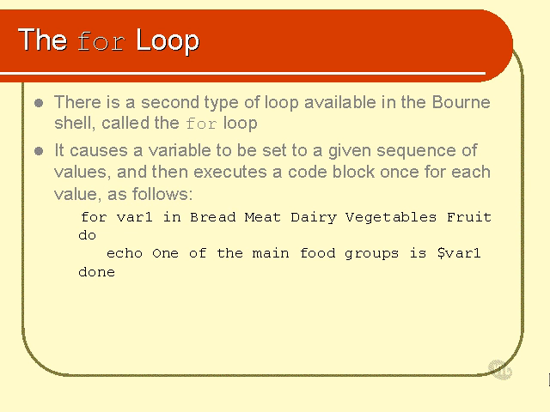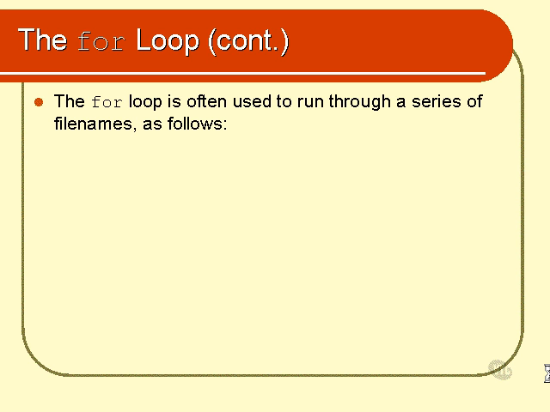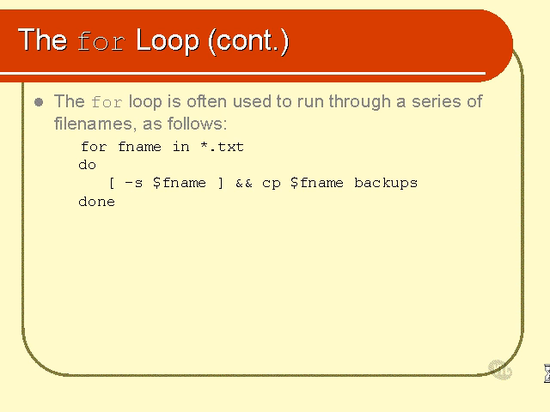I'll show you one very common use of the for loop. It's actually often used to run through a series of file names. And the reason for that is you can actually use wildcards to specify the different values that the variable might take. In this example here that I'm showing you, I'm using the asterisk.